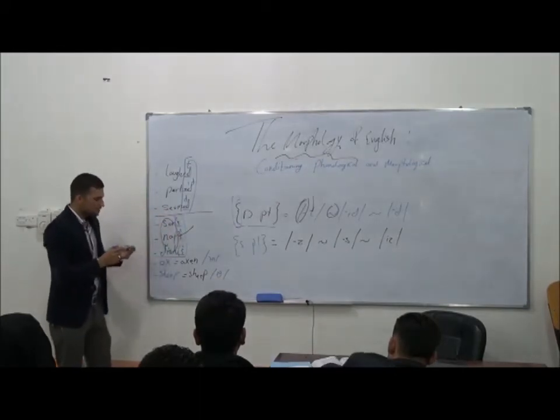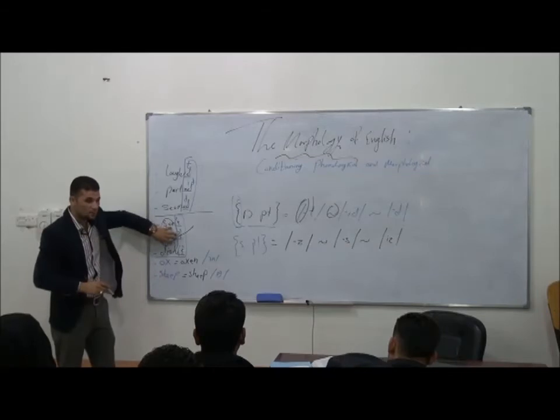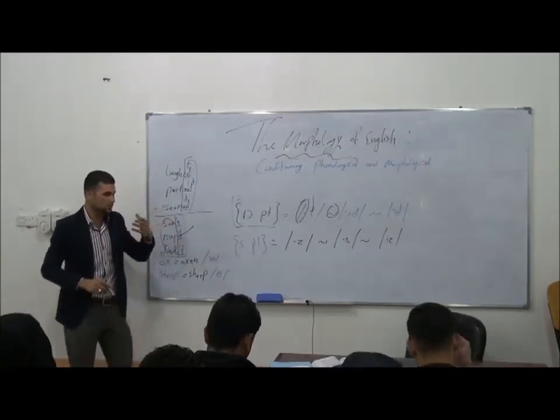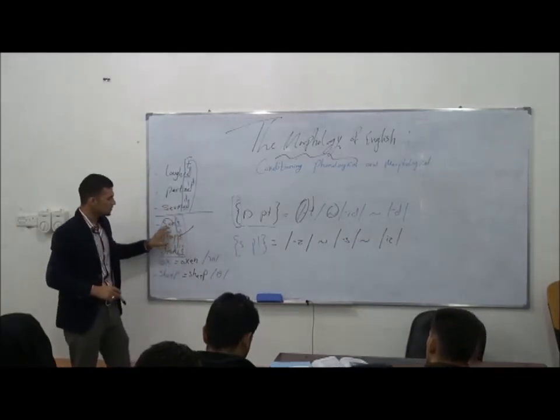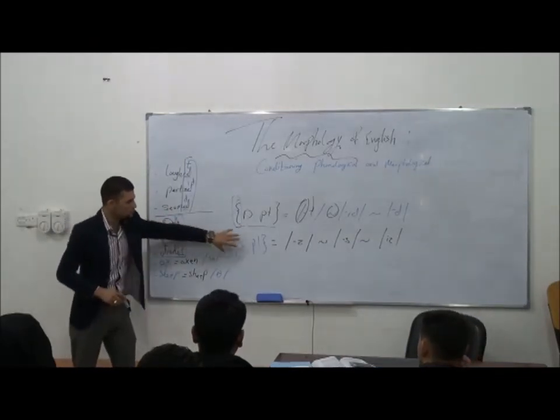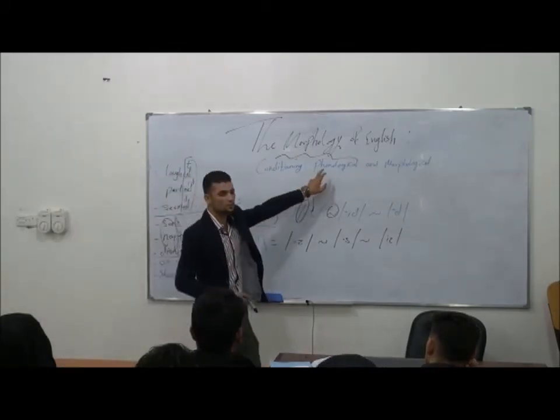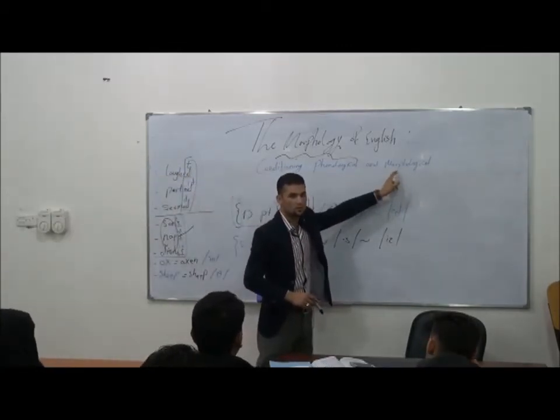Okay? In this case, when the phonological environment has an effect on the morpheme and gives it another pronunciation, this is called that this morpheme is phonologically conditioned. We have phonological conditioning and morphological conditioning.